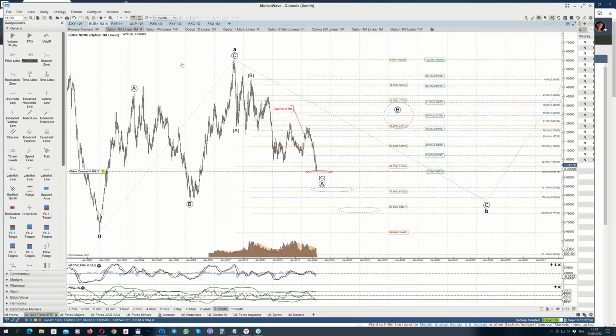So if the subject of the presentation is the next opportunities in Euro-USD, then let me just remind you that the first call for 0.98 target region was posted approximately at this point in time and in price, approximately around 1.20 in October 2020.